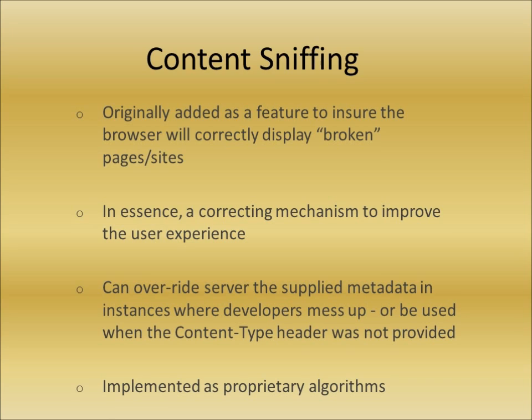In other words, the browser needed to identify the content type so it would understand how to present it. Each browser implemented its own proprietary algorithm to identify content in an attempt to do it better than its competitors. If one browser was able to display broken pages better than another, potentially users would flock towards that browser.